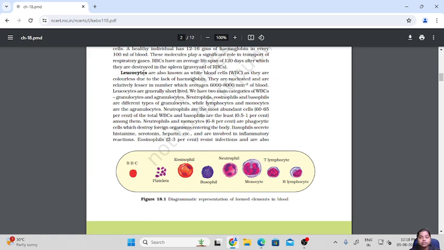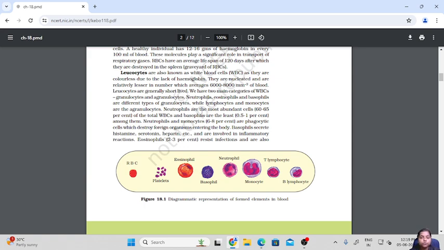We have two main categories of WBCs, granulocytes and agranulocytes. Neutrophils, eosinophils and basophils are the different types of granulocytes, while lymphocytes and monocytes are the agranulocytes.